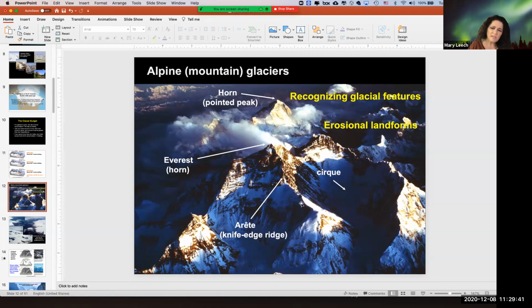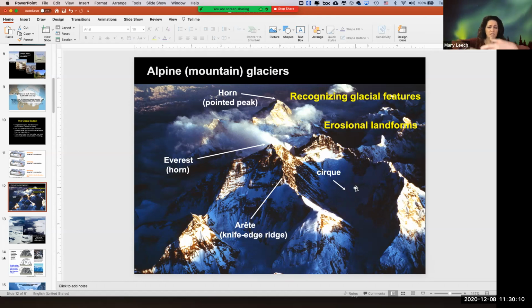An arête would be this knife edge ridge. It's a thin, skinny ridge that separates two glacial valleys, basically. So a glacier would be here, a glacier would be there, and dividing them would be this arête. Meanwhile, there's a U-shaped valley where the glacial valley was.